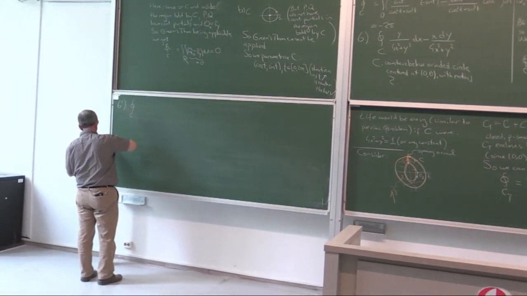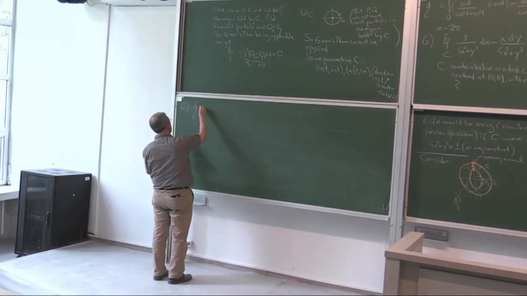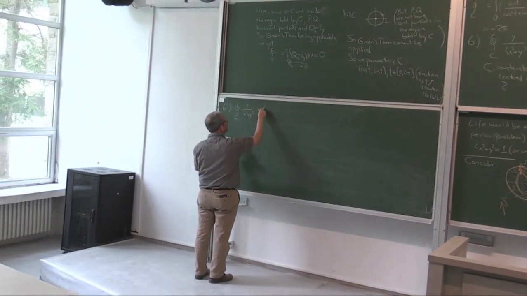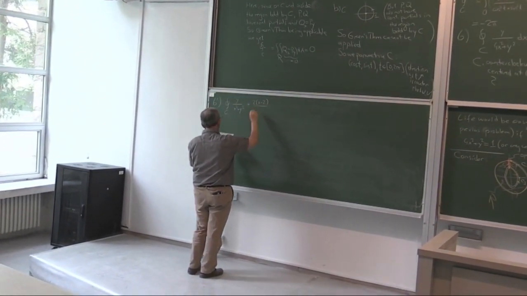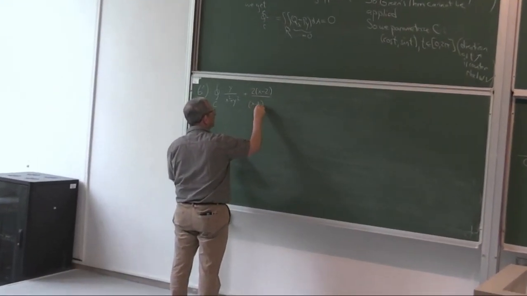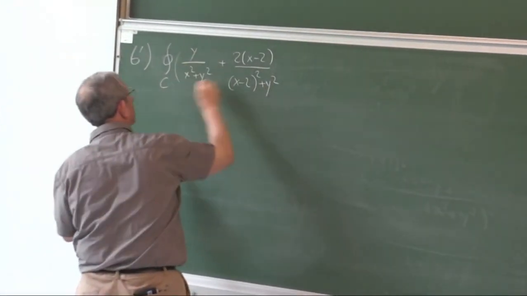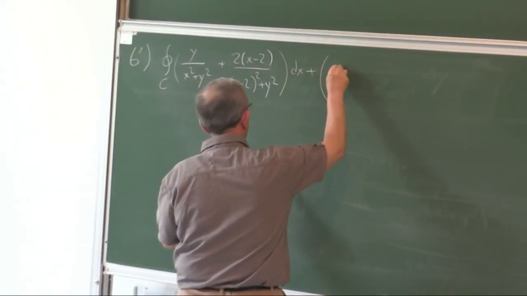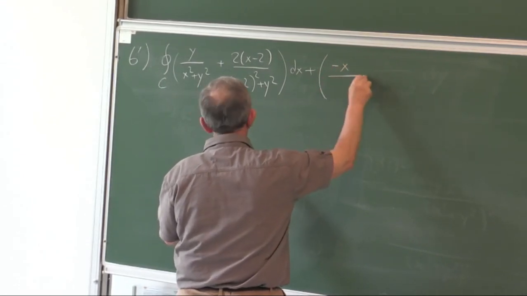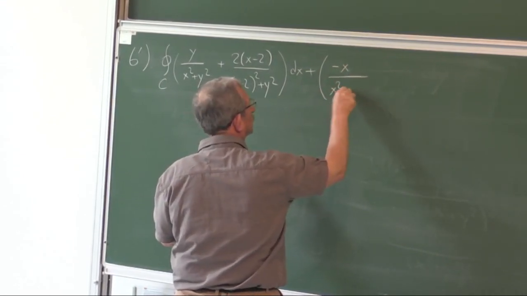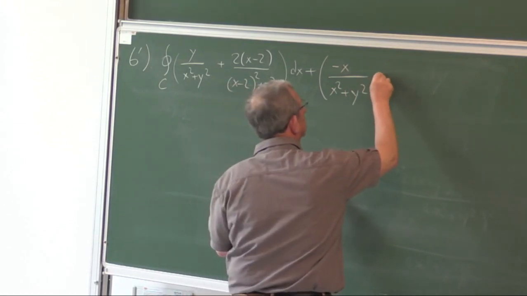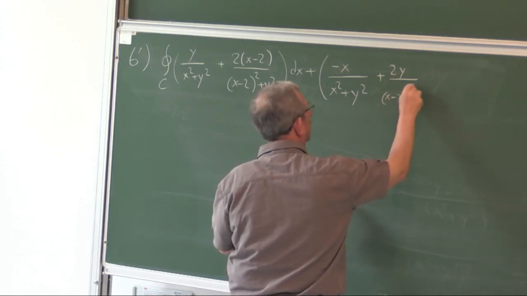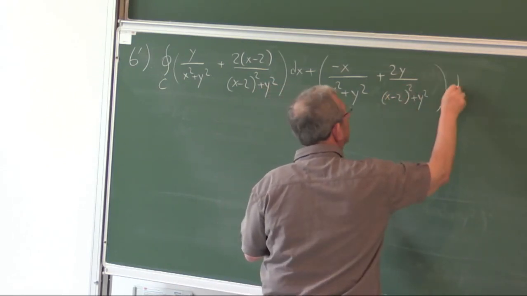We want to calculate this integral of y over x squared plus y squared plus 2x minus 2 over x minus 2 squared plus y squared dx plus minus x over x squared plus y squared plus 2y over x minus 2 squared plus y squared dy.